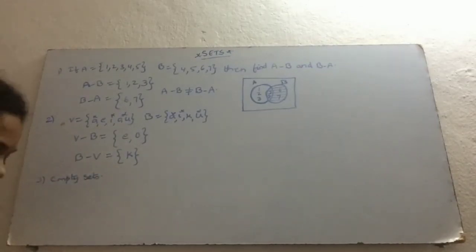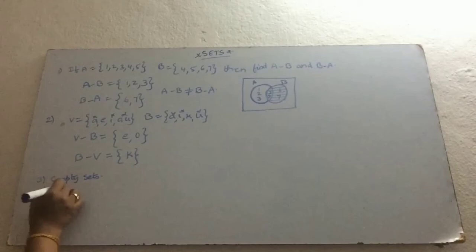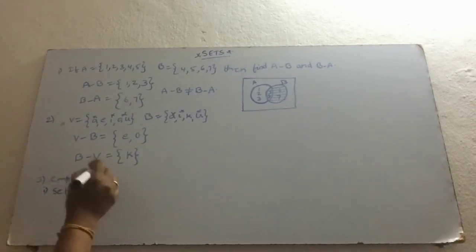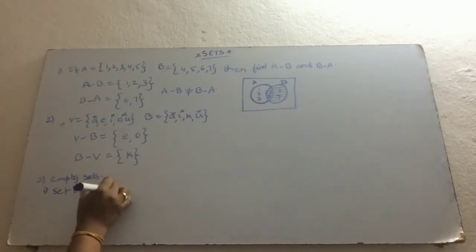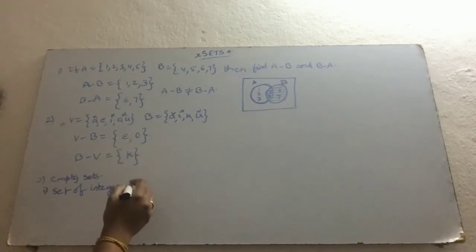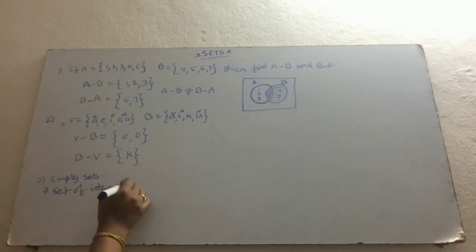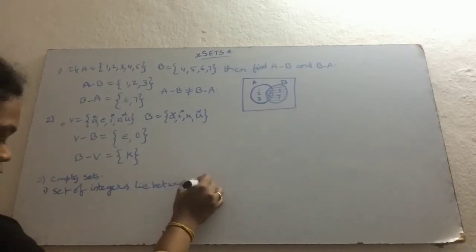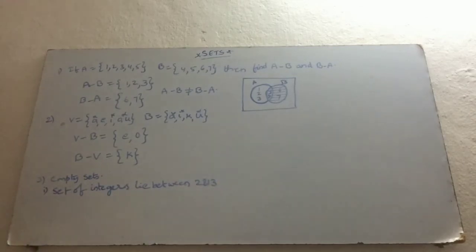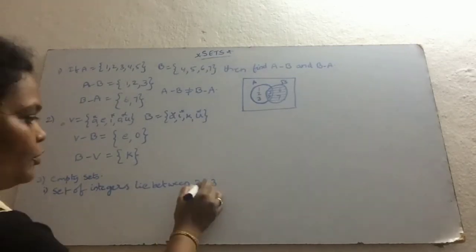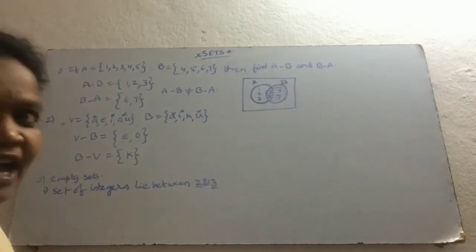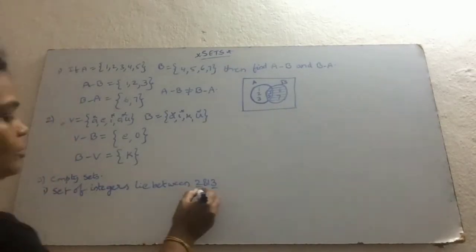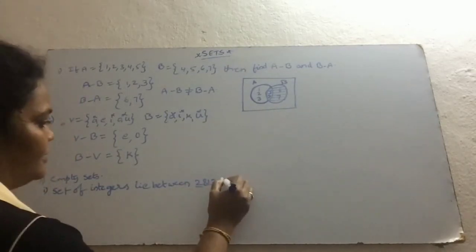First one is set of integers that lie between 2 and 3. Between 2 and 3 we don't have integers. We have real numbers. So that means this is an empty set.